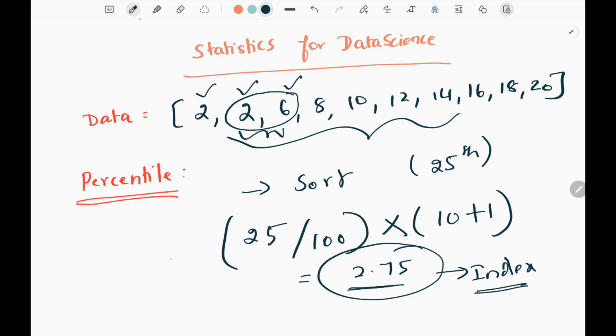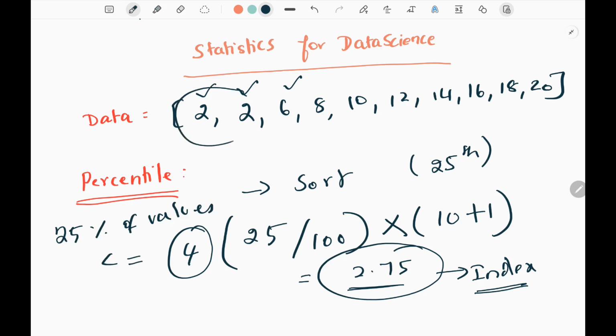Divide by 2, we are going to have 4. So 4 is the 25th percentile of the data set. So in other words, I can say that 25% of values of the data set are less than equal to 4, right? Which is these two 2's are 25% values of the data set.